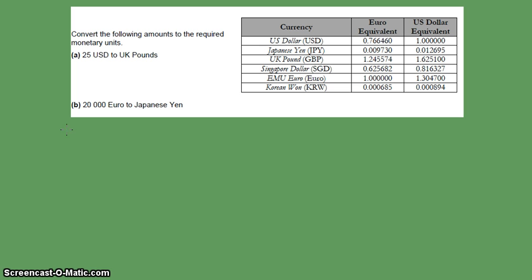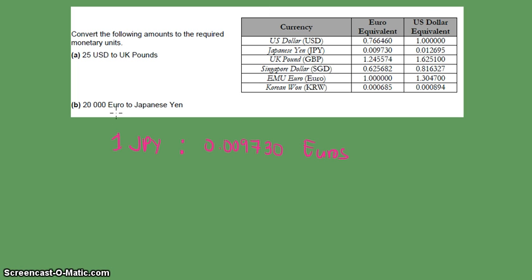So that's 1 Japanese yen, 1 JPY, is 0.009730 euros. So that's how the Japanese yen and the euros are related in this table.